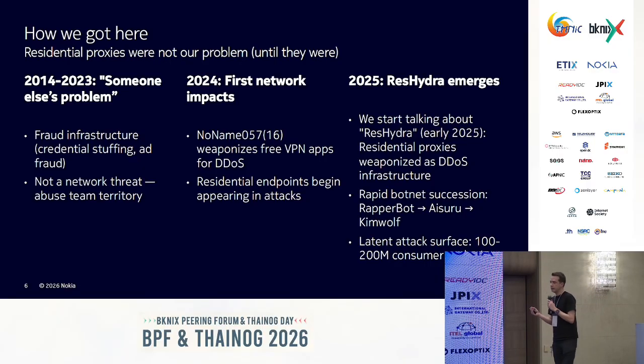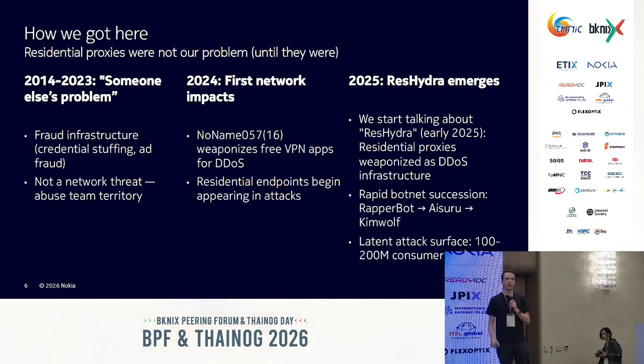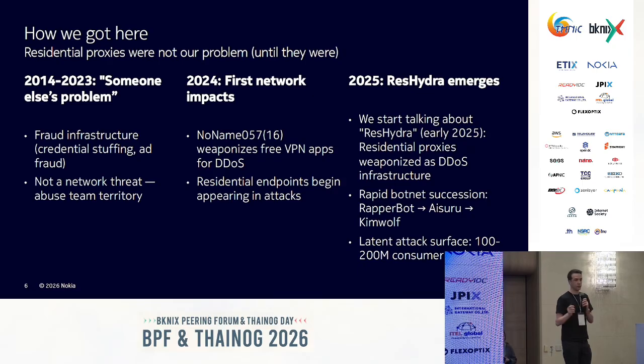Then in 2024, we started to see some DDoS operators use VPNs and residential proxies. The first ones really were NoName, which is a pro-Russian activist group that is mostly attacking a lot of European targets, but also in some cases Japanese and Korean targets as well. And they started to use those types of proxy exit nodes. But then it really changed in 2025.